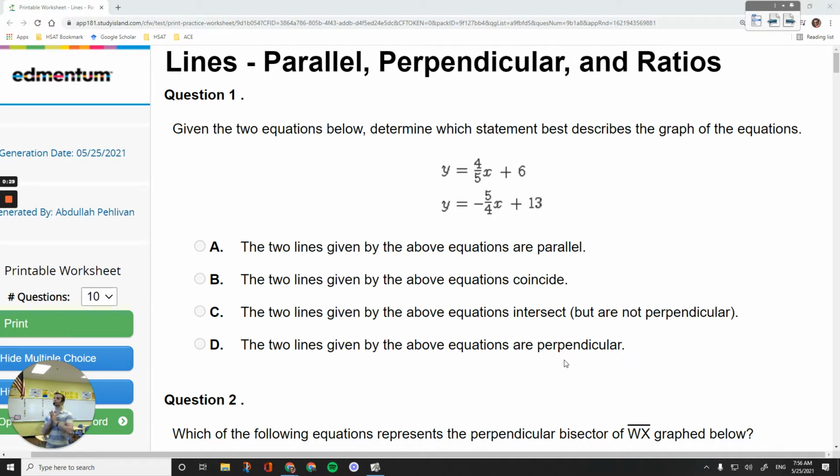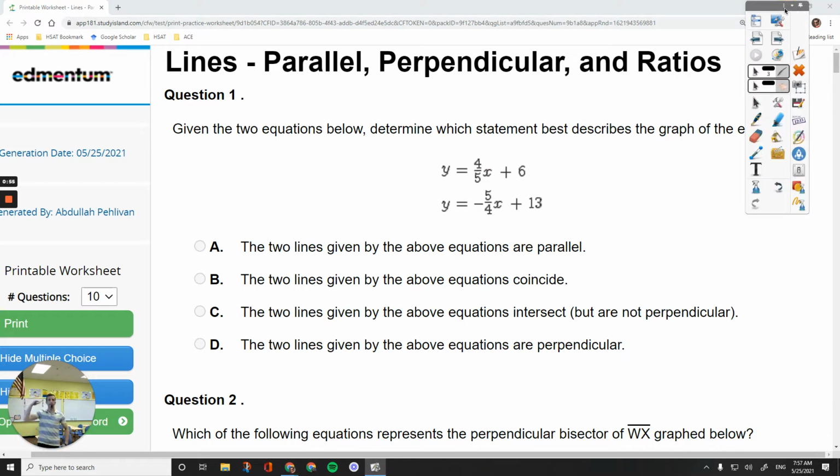So the first question over here gives us two lines, and it says, given the two equations below, determine which statement best describes the graph of the equations. The reason I know that these are going to look like a line is because the equations are linear, because the highest power of x in here is just 1, x to the first power.